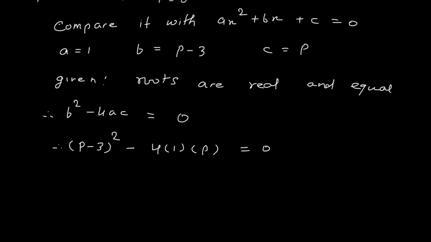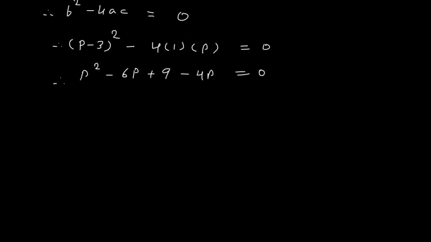So therefore we will expand it. So it is p square minus 6p plus 9 minus 4p, this is equals to 0. Therefore p square minus 6p minus 4p, it will be minus 10p plus 9 is equals to 0.